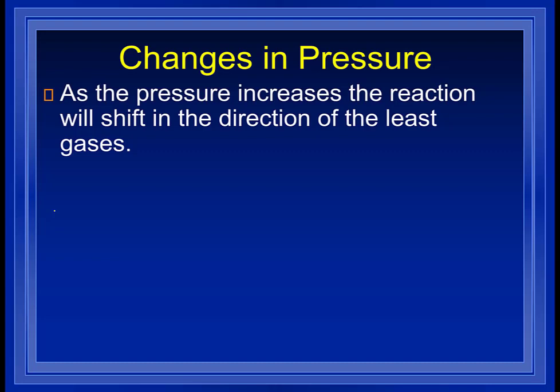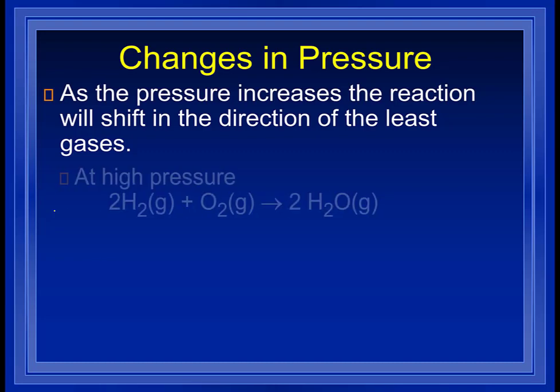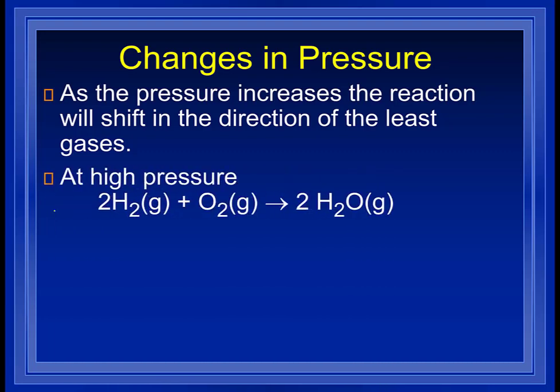So the things that are gases will stop being gases. So at high pressure, hydrogen and oxygen make water. The reason it happens at high pressure is because this side has 3 moles of gas, and this side only has 2 moles of gas.